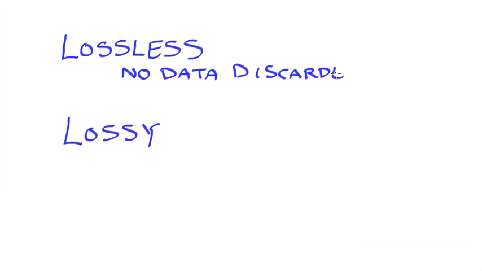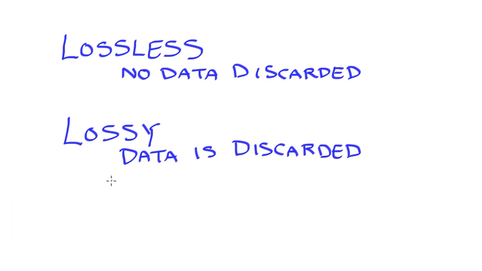So when we save an image in a lossless format, all the data for all the pixels is preserved. In the lossy formats, just the opposite. Data is discarded, and the reason for doing that is to make the file size smaller.